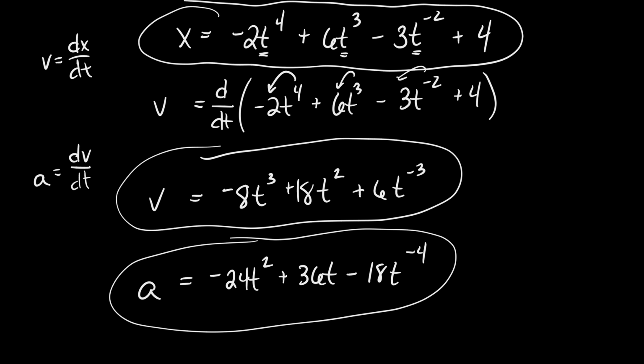So when I ask where the object is when the velocity is 0, you'd probably have to figure out when the velocity is 0 first. You get some times, and then once you have those times, use them here to figure out where the object is. Does that make reasonable sense to you guys?